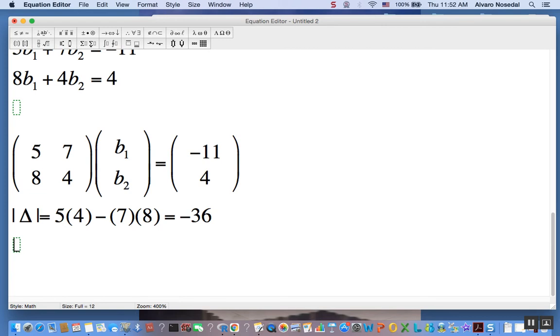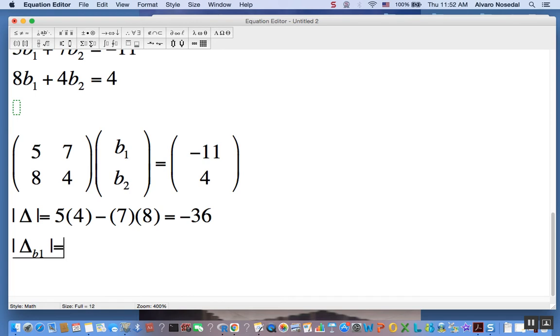Next, we're going to define another matrix, delta sub B1. Let me write it down here. Delta sub B1.